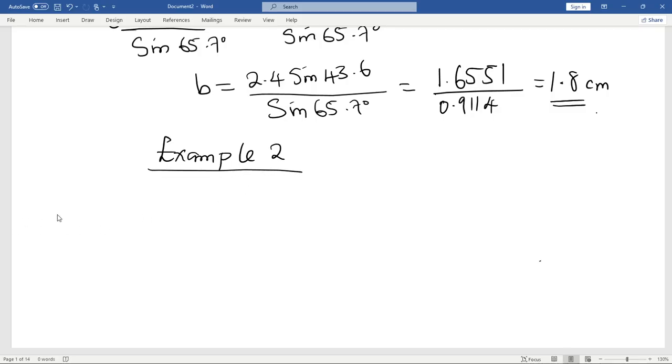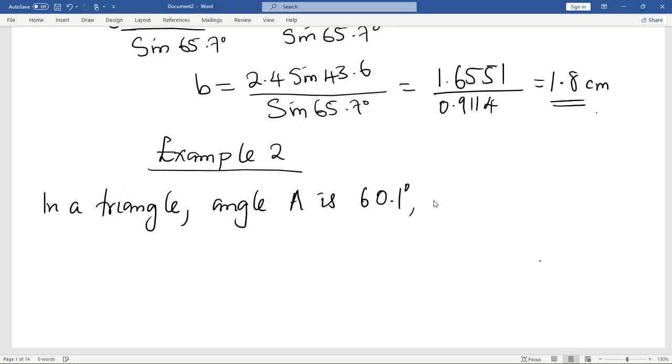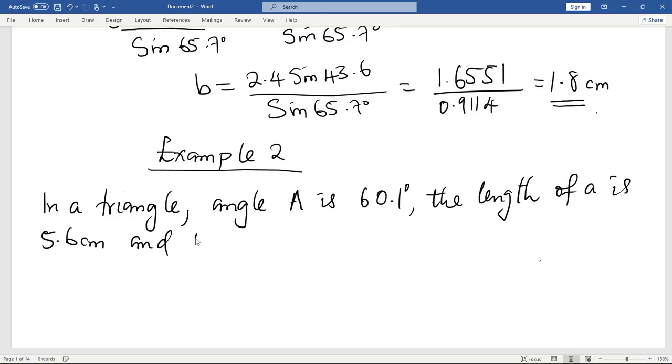In a triangle, angle A is 60.1 degrees, then the length of A is 5.6 centimeters, and the length of B is 4 centimeters.